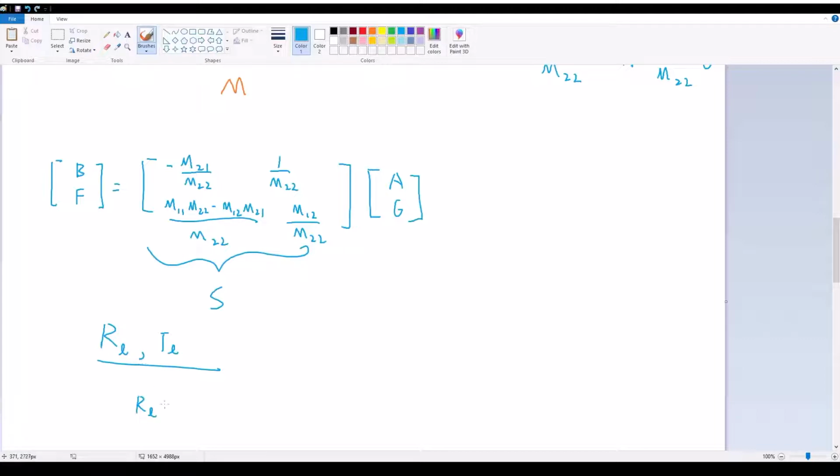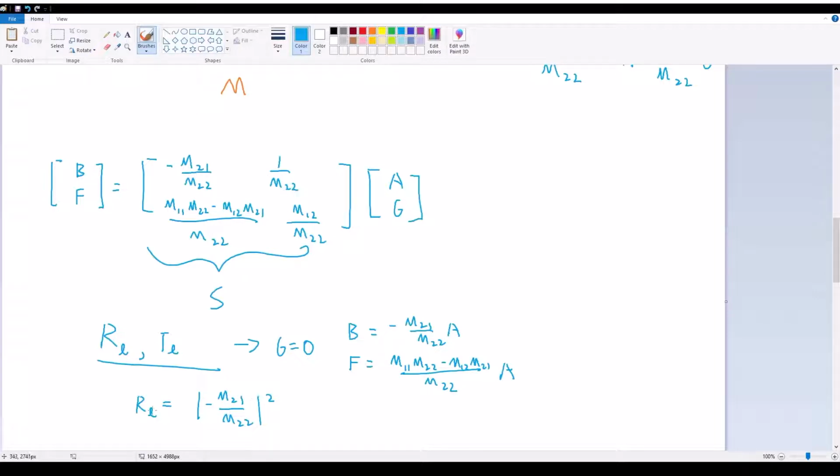So R_L is going to be equal to the magnitude squared of negative M21 over M22, squared, because remember, when we have left transmission, G is equal to 0. So our two formulas from this top matrix are B is equal to negative M21 over M22 times A, and F is equal to M11 M22 minus M12 M21 over M22 times A, because the G term is always 0, so these two terms don't matter.